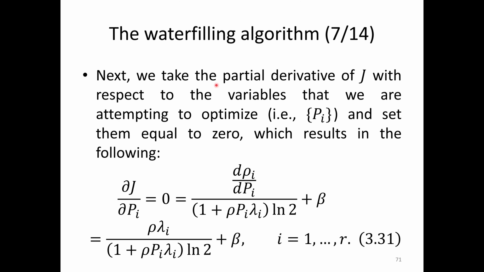Next, we take the partial derivative of J with respect to the variables that we are attempting to optimize, that is Pi, and set them equal to 0, which results in the following. So partial J over partial Pi is equal to 0, and it is equal to the partial derivative of J with respect to Pi.